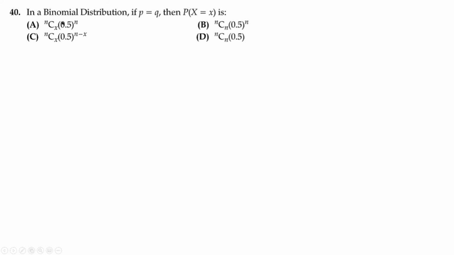Next question, in a binomial distribution if P equal to Q, then probability of X equal to x is. So here we have n and x. So here if P is equal to Q, now we know P plus Q equal to 1. So if P equal to Q, then we have P plus P equal to 1 or P equal to half and Q equal to half.